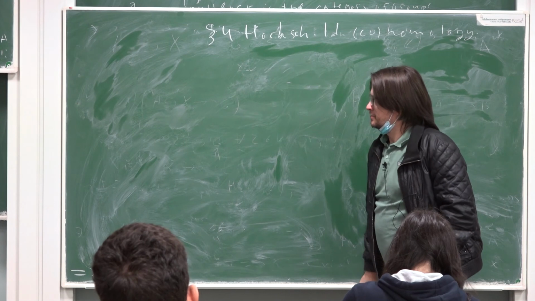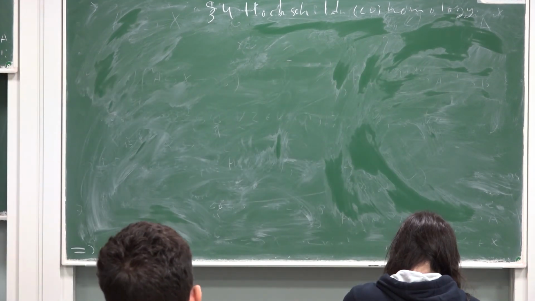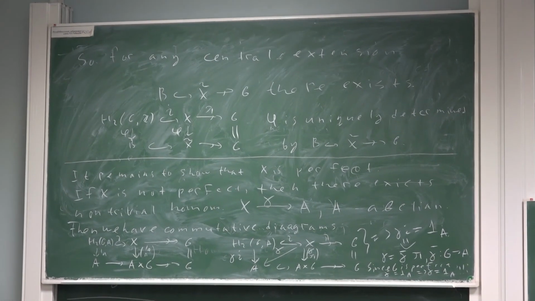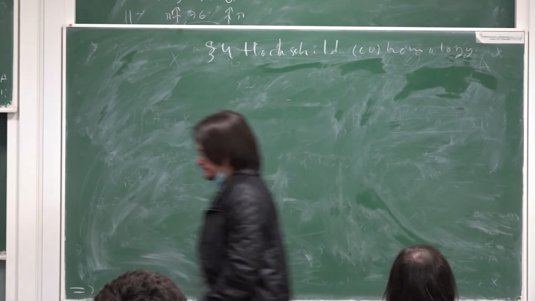So what we have studied before is the beginning of the homology theory of groups, and Hochschild homology is the homology theory of algebras.